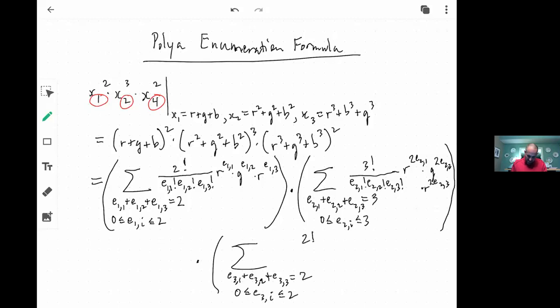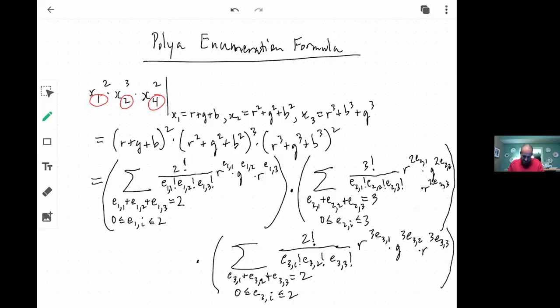This is going to be 2 factorial over E3,1 factorial, E3,2 factorial, E3,3 factorial. It's going to be r to the 3 E3,1 times g to the 3 E3,2 times r to the 3 E3,3.